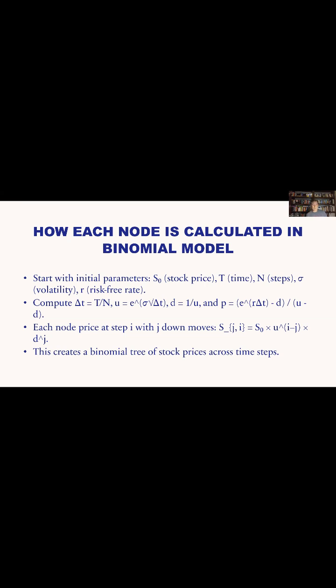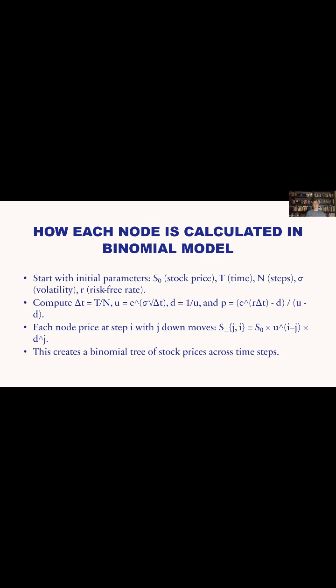To compute the delta t, you simply take the time divided by n. Then you calculate how much it's going to move up, U, which is based on volatility and the delta t.